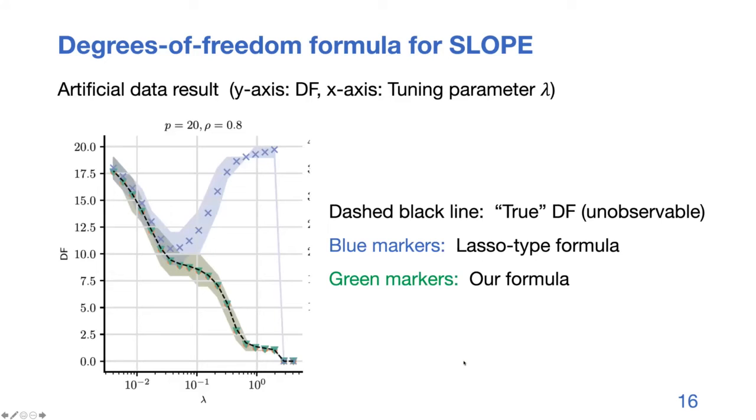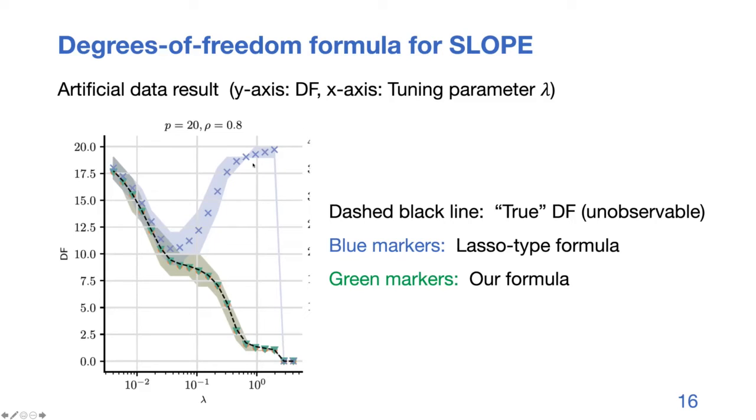So here's a numerical example of the degrees of freedom formula. Here I just generated some artificial data from a Gaussian linear model. And then we apply two types of degrees of freedom formula to the SLOPE solution. One is the lasso type formula, but we can find that the lasso type formula tends to overestimate the true degrees of freedom.